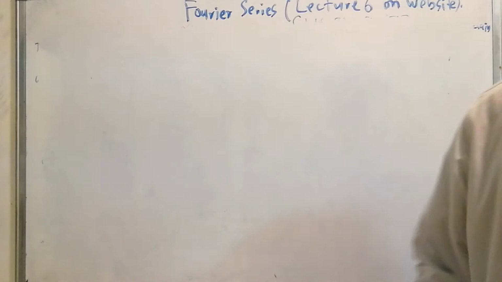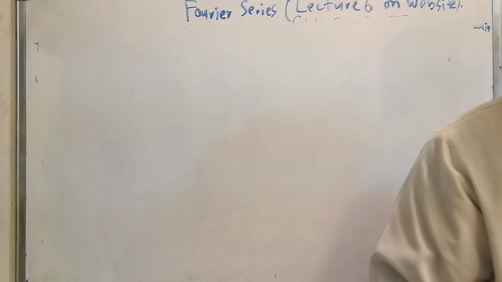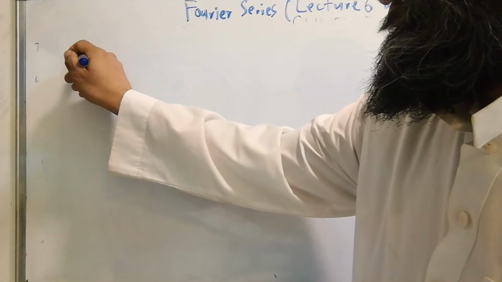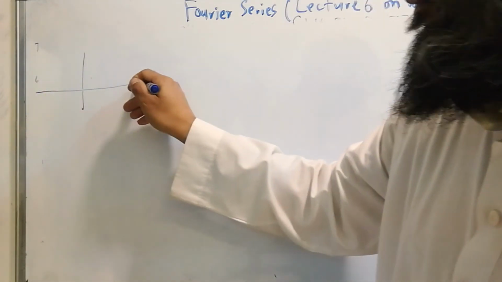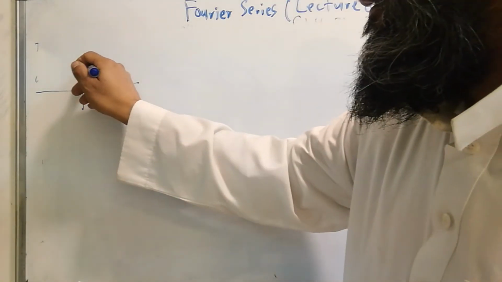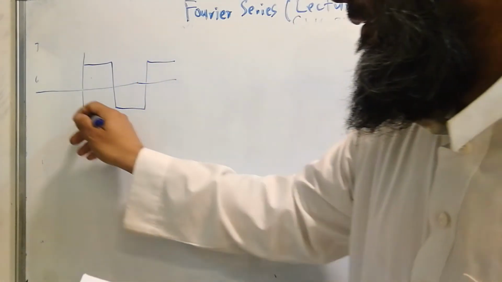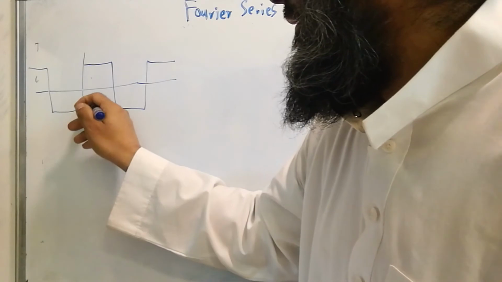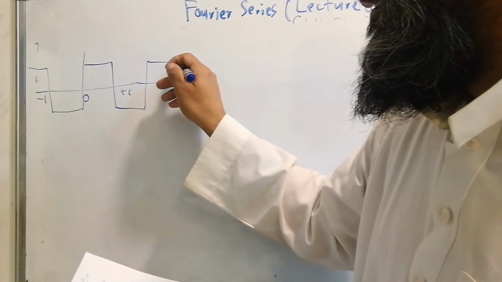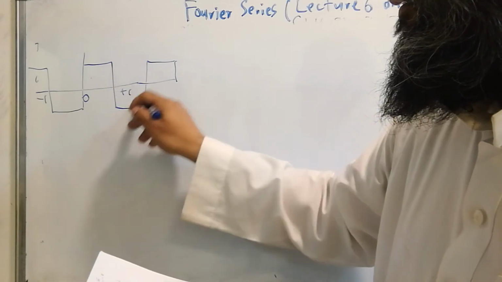This example is a periodic function which is a combination of rectangular pulses. It is like this, negative here, this is 0, this is -1, this is +1, and so on. This is the period.